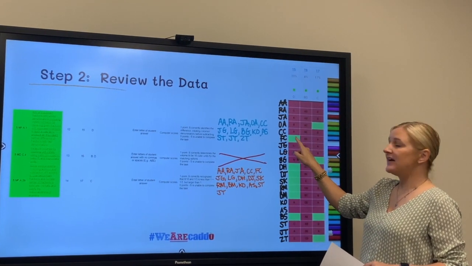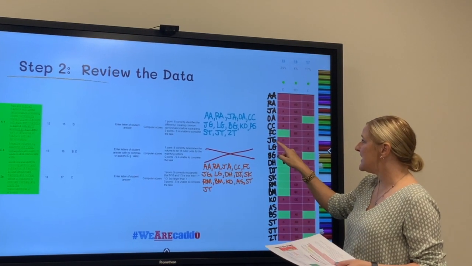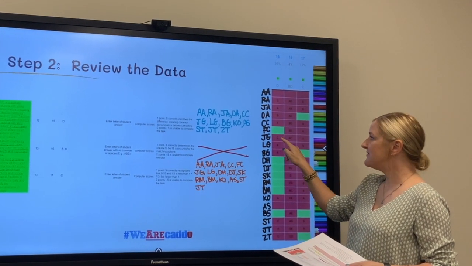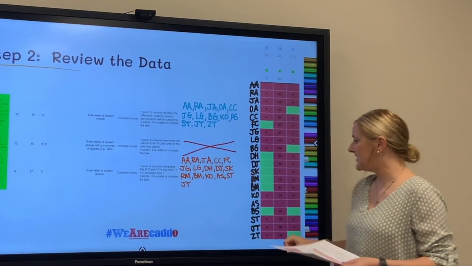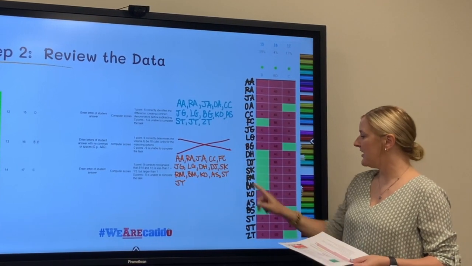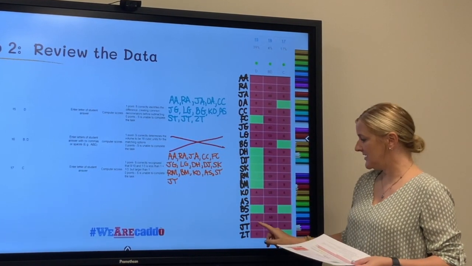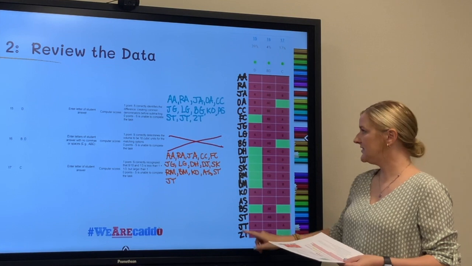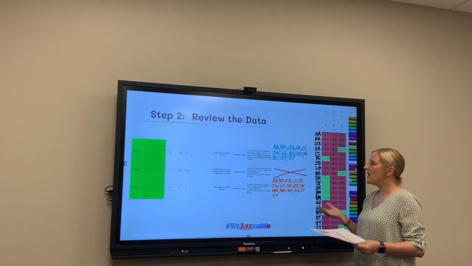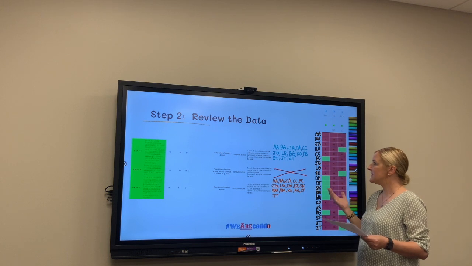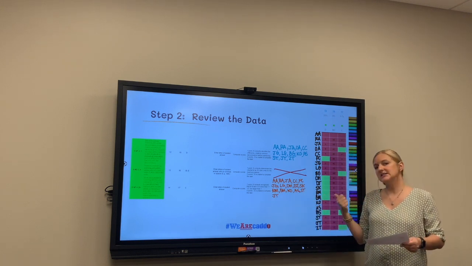I'm going to skip FC because he or she got that item correct. And then I'm going to add the rest of my students who have this in red: JG, LG, BG, KO, AS, ST, JT, and ZT. So you'll notice as a broad piece of data, we had 13 of those 20 students that need acceleration with this item.